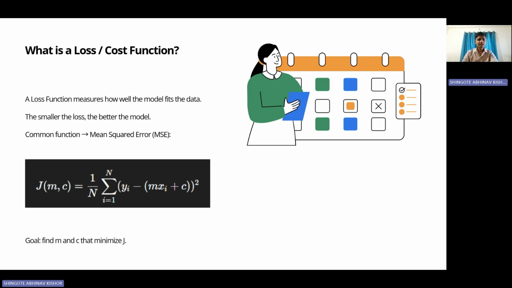A common example is the mean squared error, which is written as J(m, c) = 1/n summation from i = 1 to n of (yi - (mxi + c)) squared. This formula calculates the average of the squared error for all points. A smaller J means a better model. Therefore, our objective is to find m and c that minimize J.